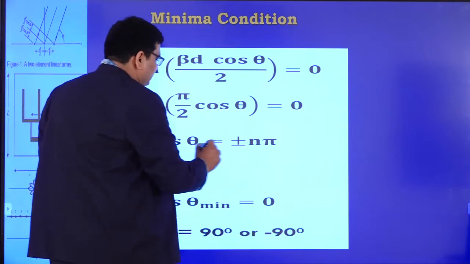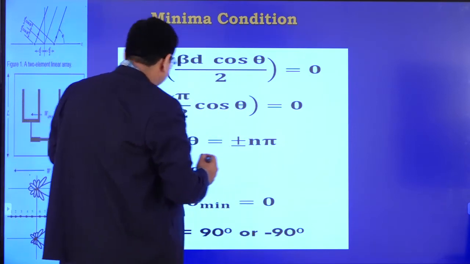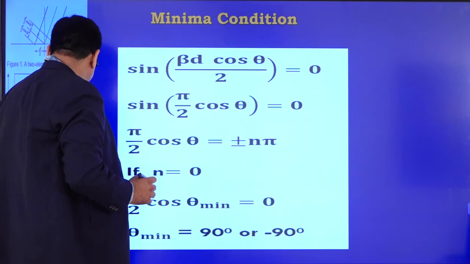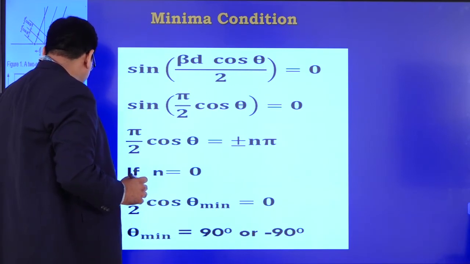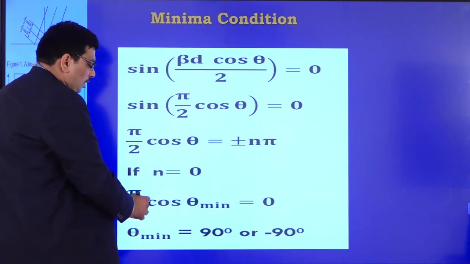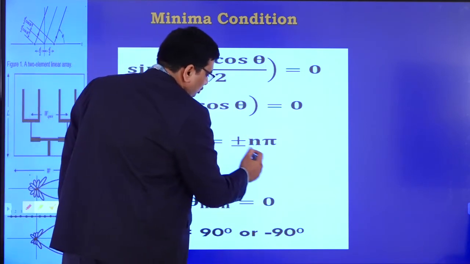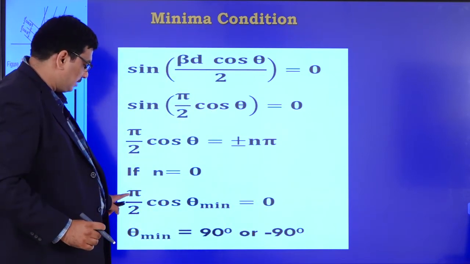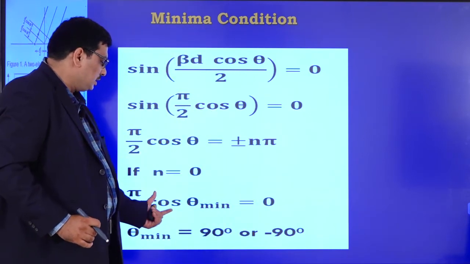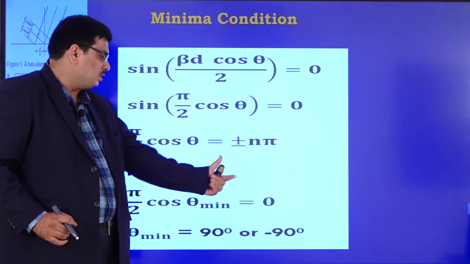So (π/2) cosθ is equal to plus or minus nπ. If n is equal to 0, (π/2) cosθ minimum is equal to 0, so cosθ minimum is equal to 0.